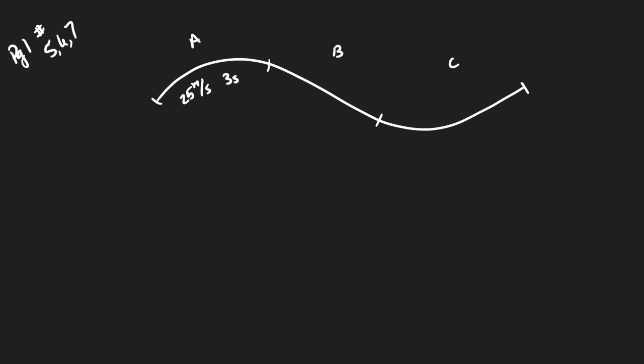Section B is 35 meters per second for 4 seconds. And section C, 30 meters per second for 3 seconds. So just real quickly, this is 75 meters. This is 140 meters. And this is 90 meters.